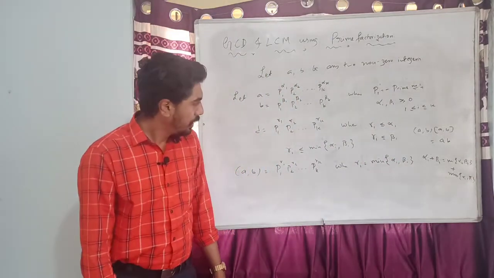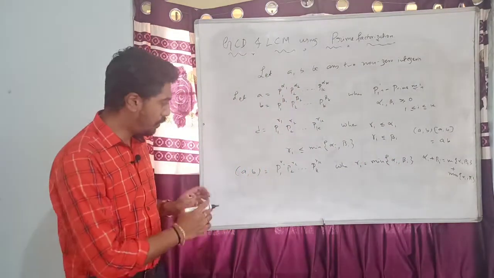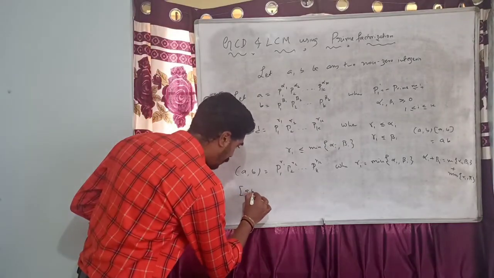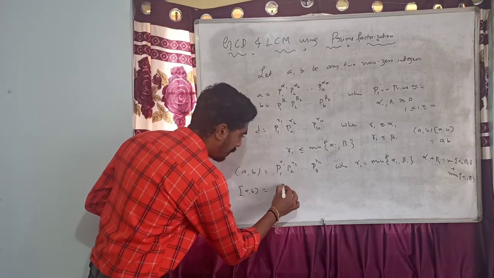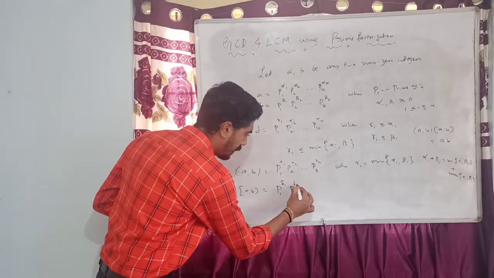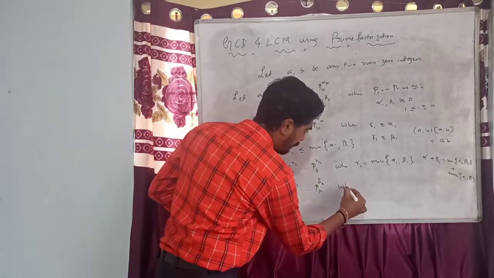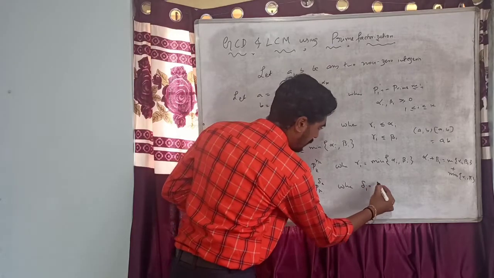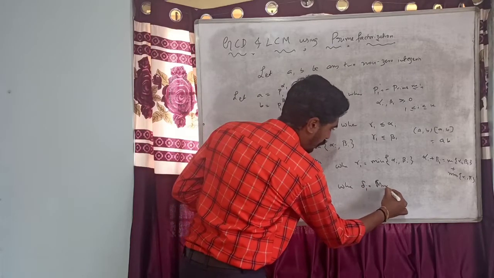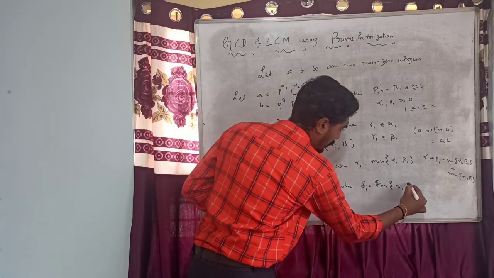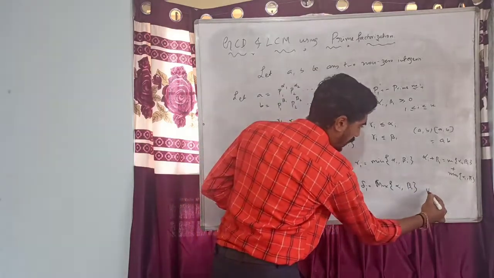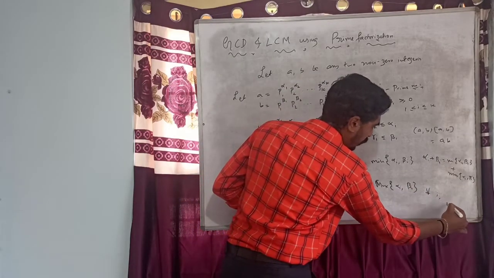Okay. So the LCM of a and b should be equal to p1 power delta 1, p2 power delta 2, etc., pk power delta k, where delta i is the maximum of alpha i and beta i for all i between 1 and k.